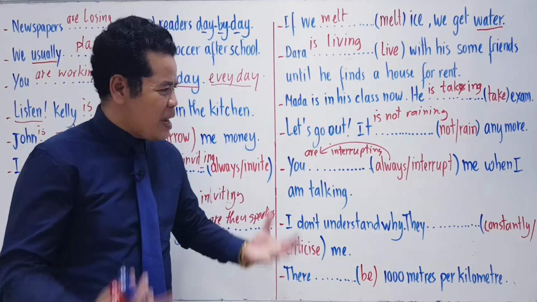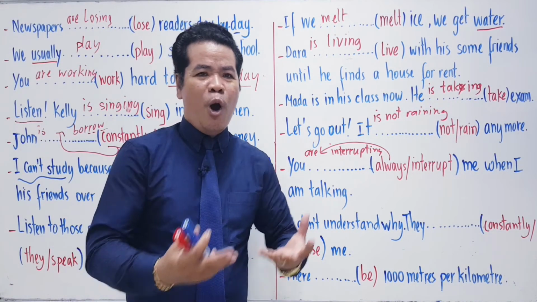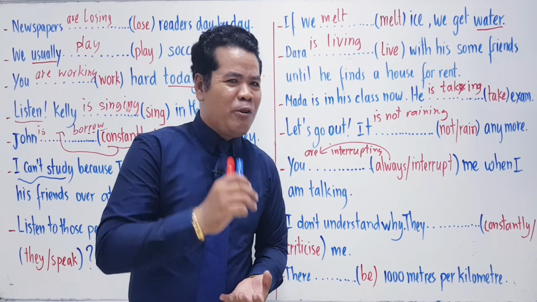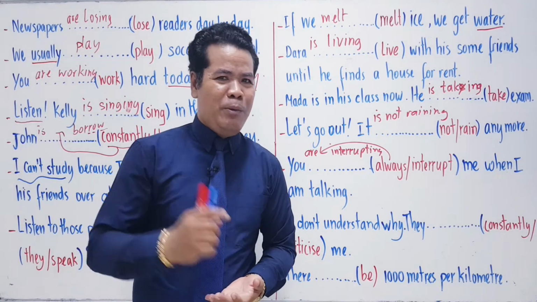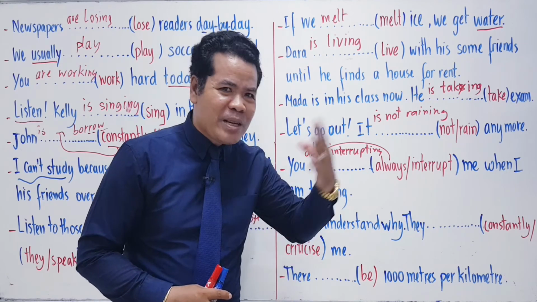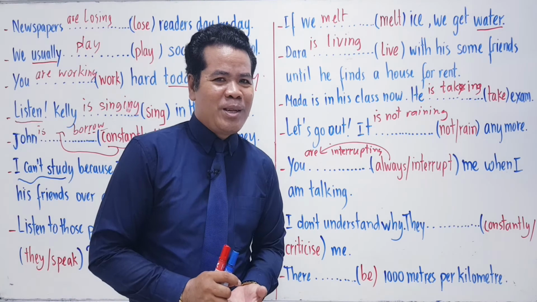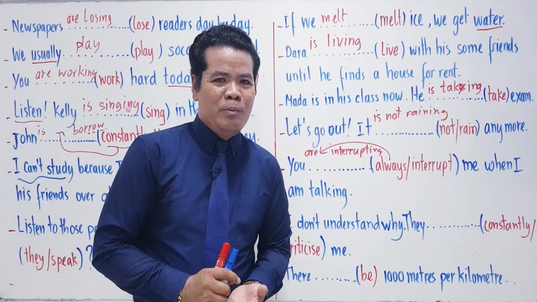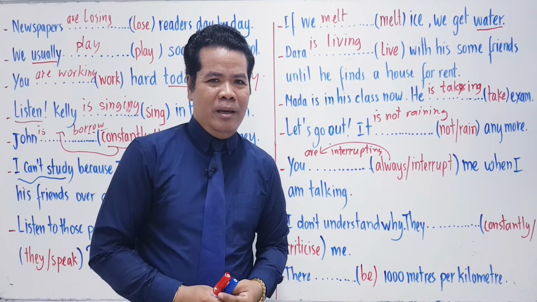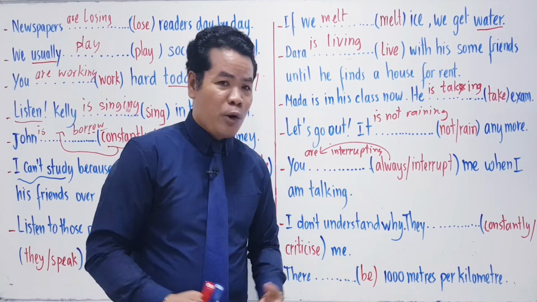But constantly, continually, always, how do people feel? When another person complains about him or criticizes him every time like that, how do you feel? Did you feel happy? I don't think so. You must be annoyed. You must be angry, more or less, all right?